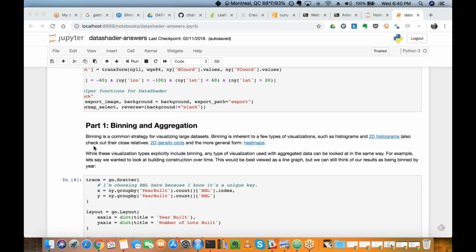If you have smaller data sets, a lot of times it's a lot easier to just simply plot a scatter plot of what you have. But with larger data sets, you need to think a bit more about what the structure of your data is.